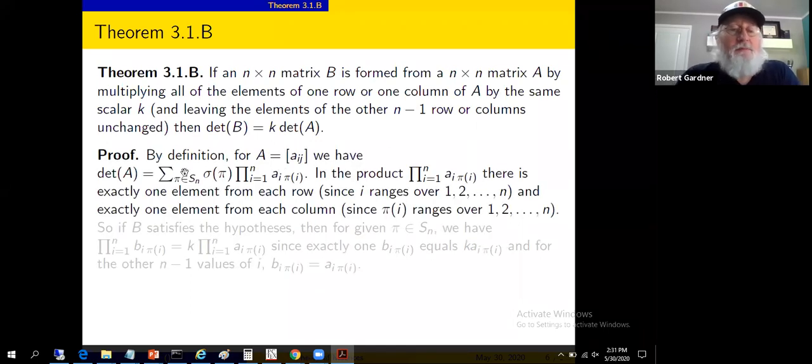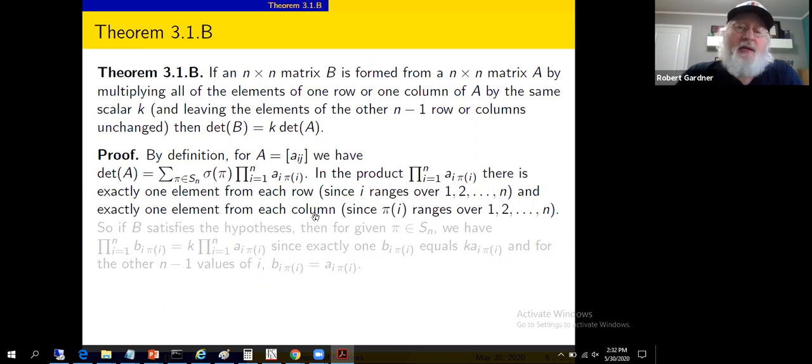Determinant of A, definition, this usual awkward thing in terms of the symmetry group. Let's look at a product again. Product from i equals 1 to n, A sub i, pi of i. There's exactly one element from each row, that is, A sub i, whatever, is from row i. So there's exactly one element in that product from each row.